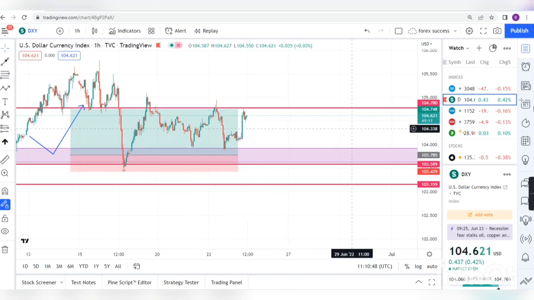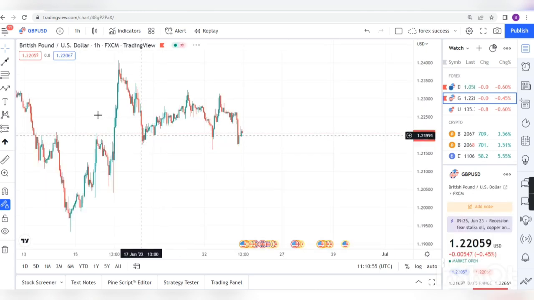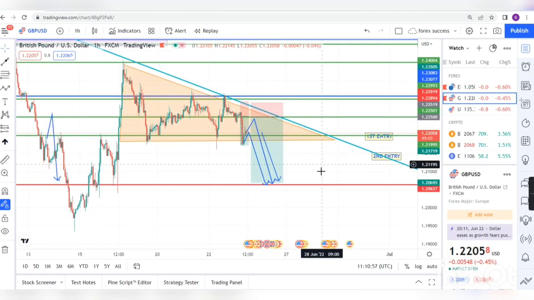Those are more confirmations for me to take this GBP USD sell trade. Why? Simply because the US dollar is rising. It definitely means GBP USD will be selling.